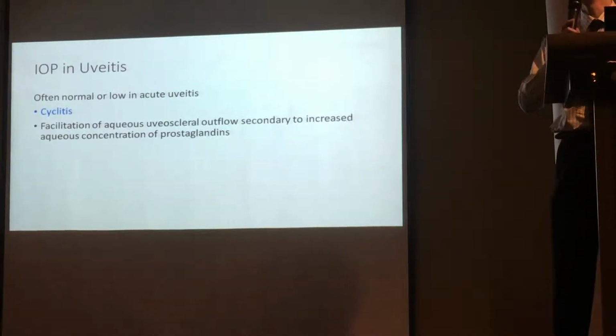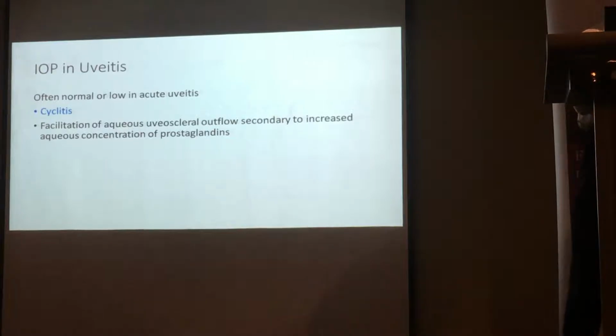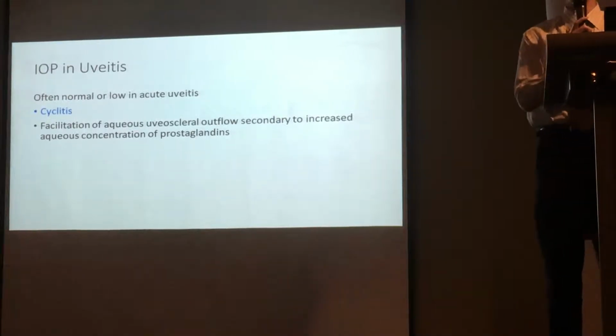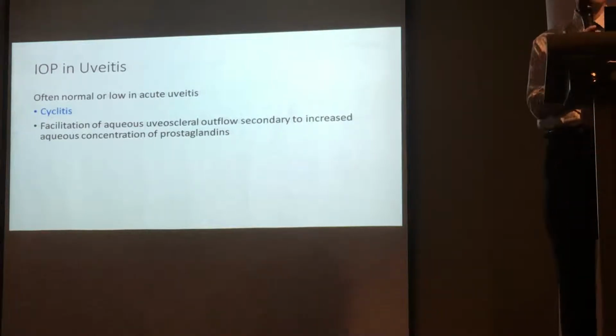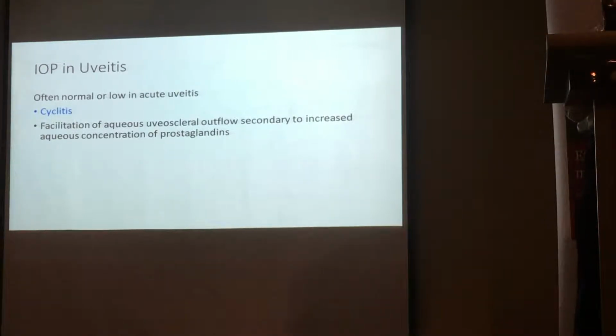And that's also the mechanism by which many of the prostaglandins and the prostamides, meaning latanoprost, travoprost, and tafluprost, and then you have bimatoprost, which is not exactly a prostaglandin but a prostamide. That's essentially how they are reducing eye pressure, by promoting the outflow through the uveoscleral pathways.